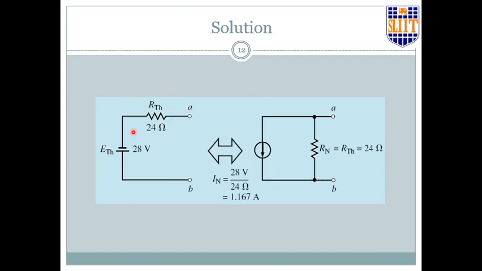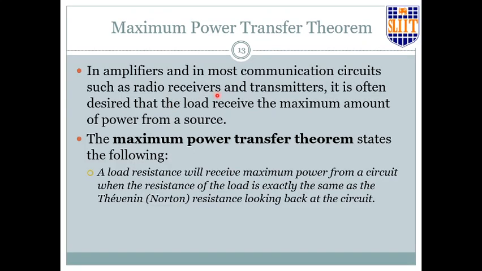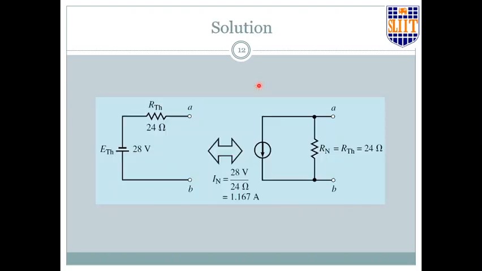We call this the characteristic impedance when it comes to an amplifier and a communication circuit. That is actually the Thévenin's resistance or the Norton's resistance of the particular circuit, excluding the load.